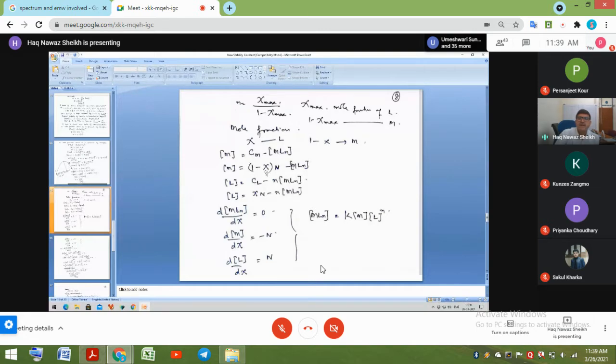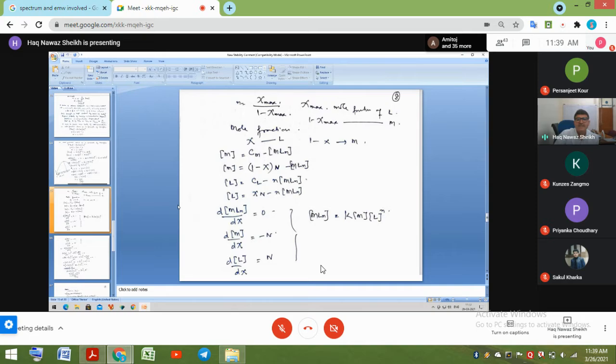Similarly, the concentration of the ligand is equal to CL, the total concentration that you added at the start of the solution, minus n times MLn, because one metal ion binds n ligands. So the concentration of the ligand initially was χ into N minus n MLn.